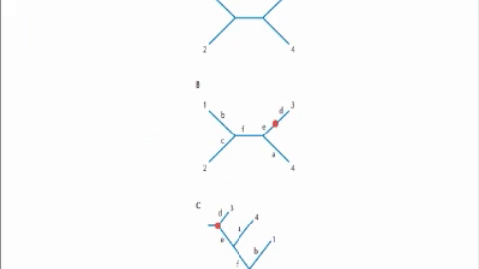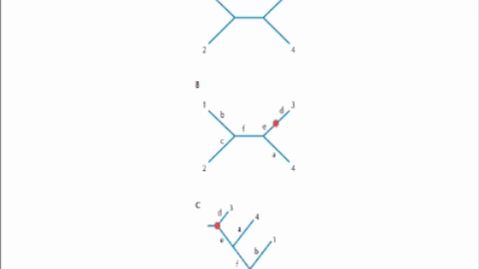And then the last issue, which if we have time we'll get into again at the end, is this issue of rooting trees. The main reason that this is an issue is something I hinted at before.